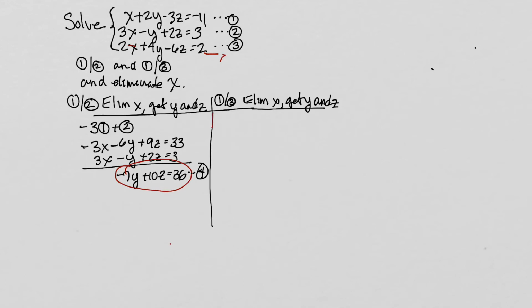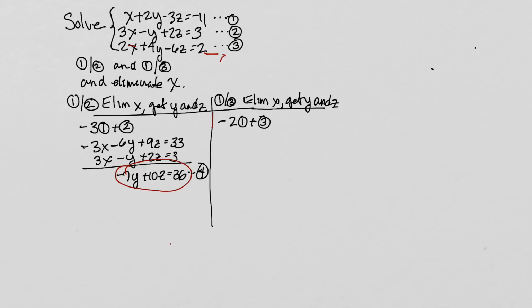So to eliminate x from 1 and 3, let's focus in on these coefficients up here. This is a 1, this is a 2. The smallest number they divide into is 2. We need them to be opposite. So how about this? Let's run a -2 through equation 1 and then add that to equation 3.